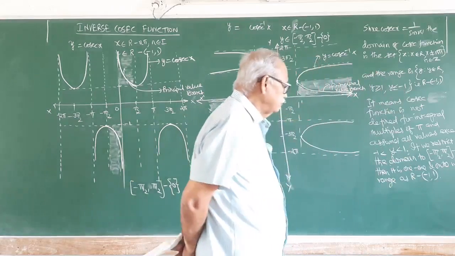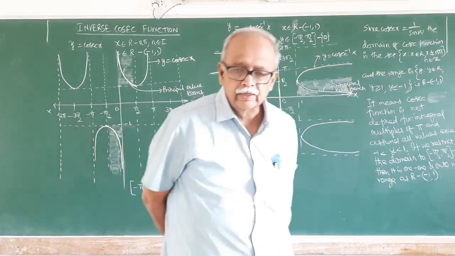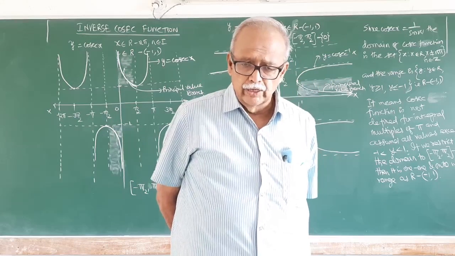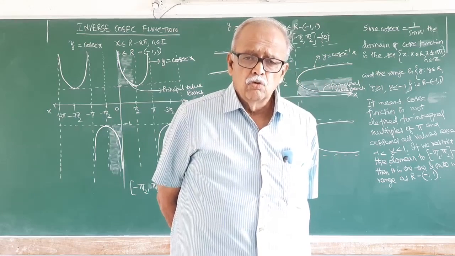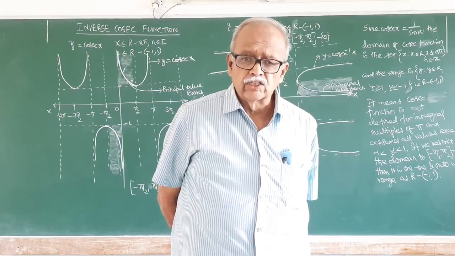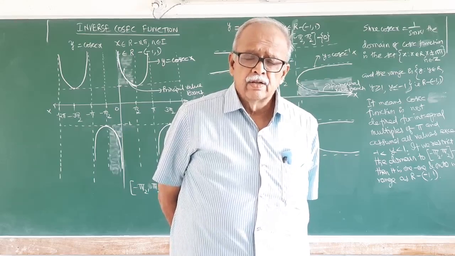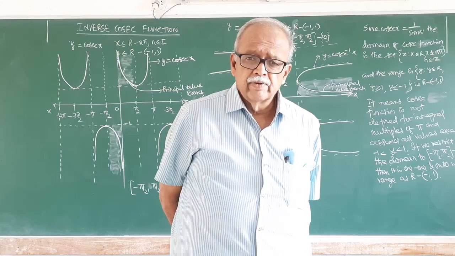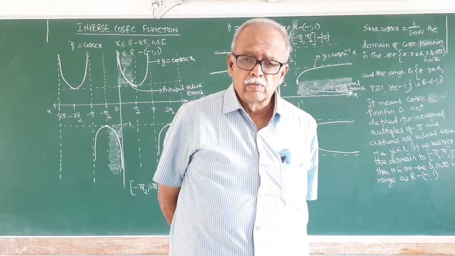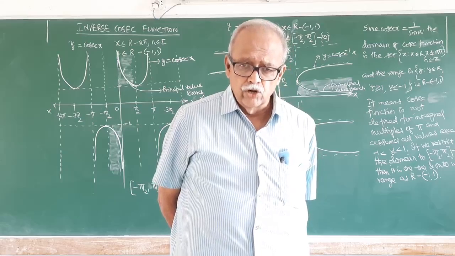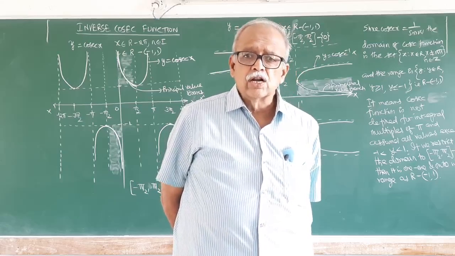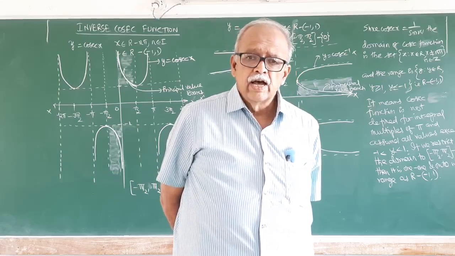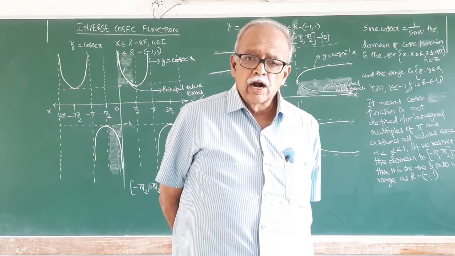So we are converting the cosecant function into a one-to-one and onto function in the interval [minus pi by 2, pi by 2] minus {0}. In other intervals also cosecant function will behave as one-to-one and onto function.